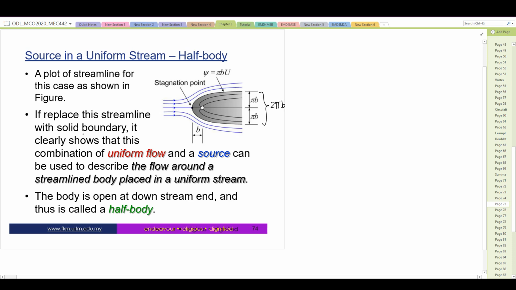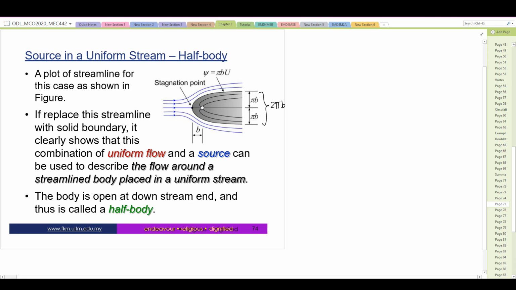Okay, so if we replace this streamline with a solid boundary, it clearly shows that this combination of uniform flow and source can be used to describe the flow around a streamlined body placed in a uniform stream.